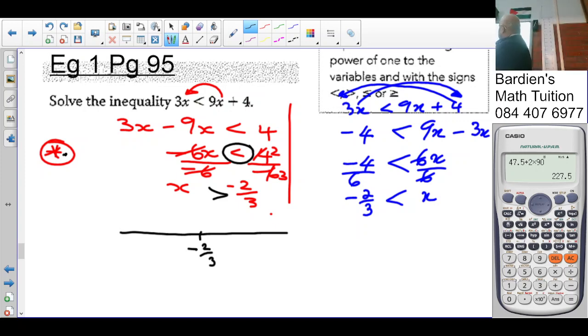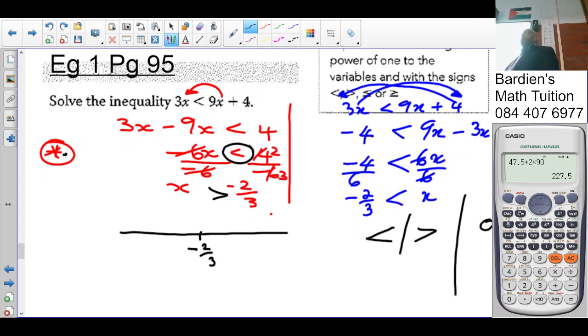On the number line, if something is more than or less than, it will have an open circle, which means to say it's excluding.